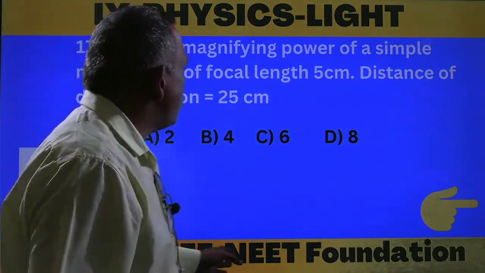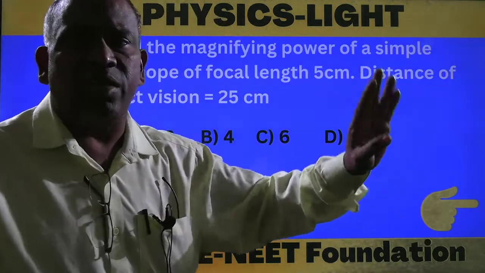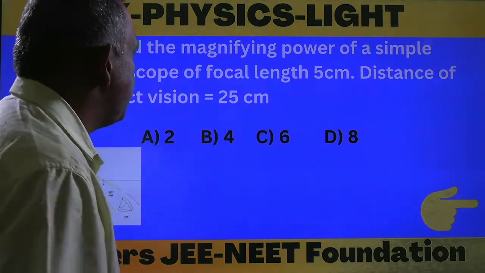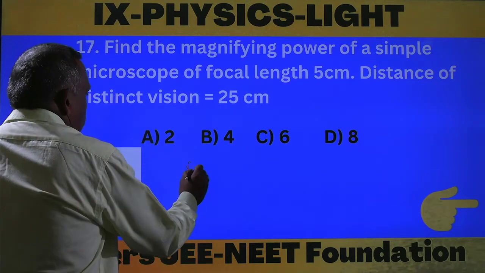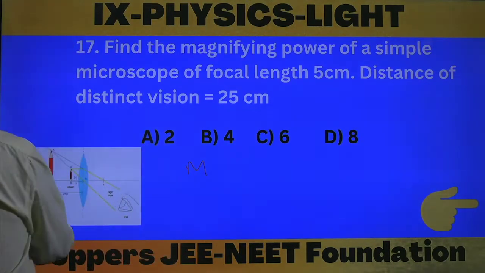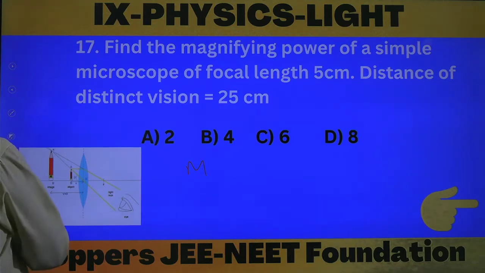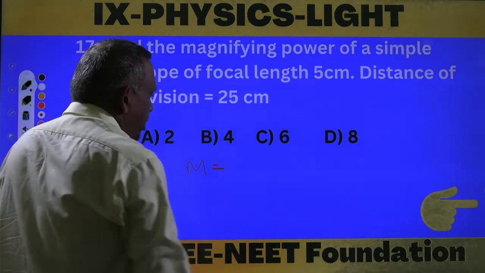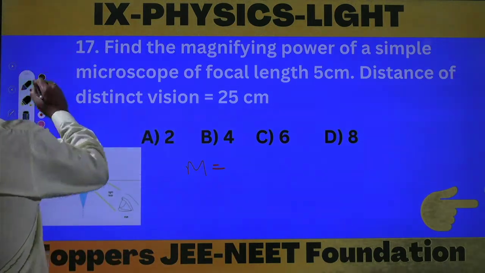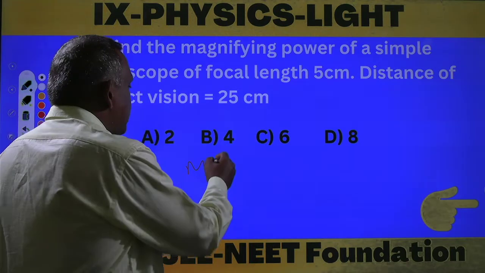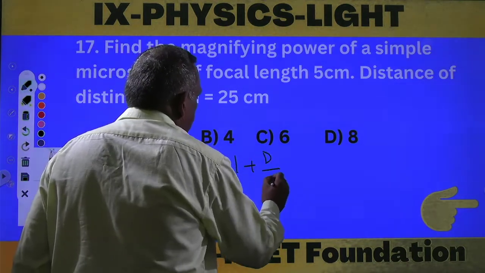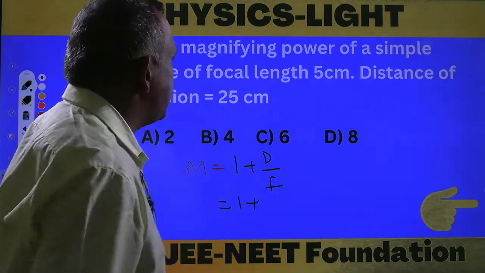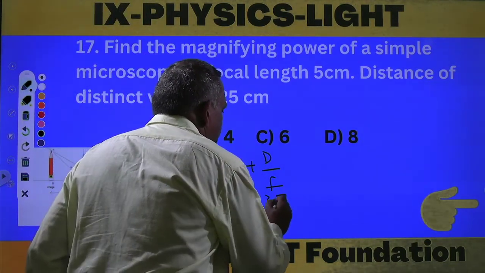Next, the 17th question. Find the magnifying power of a simple microscope of focal length 5 centimeters. Same type of question. Using the same formula, the magnifying power is 1 plus D by F. So 1 plus D, where D, the least distance, is 25, upon 5.